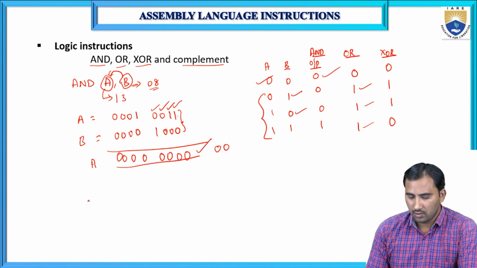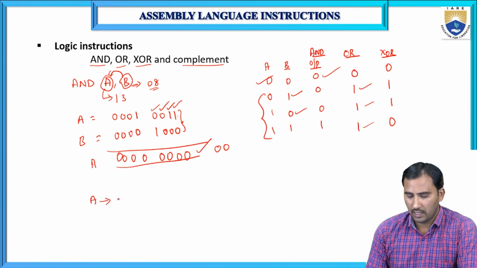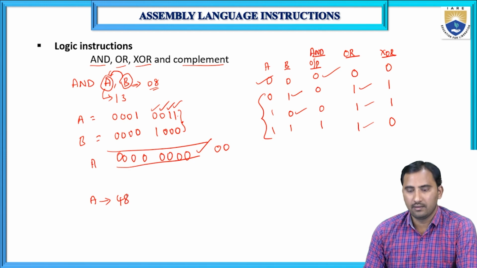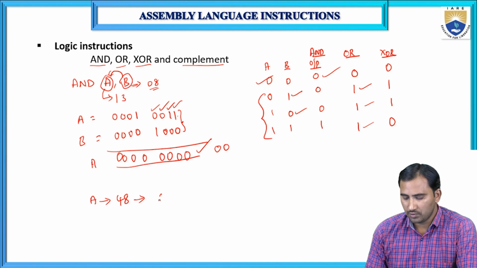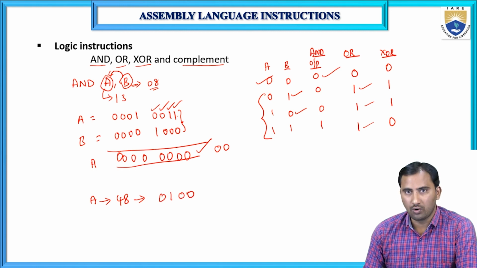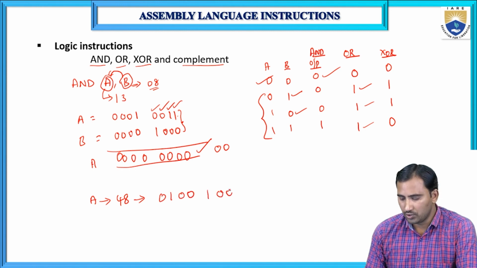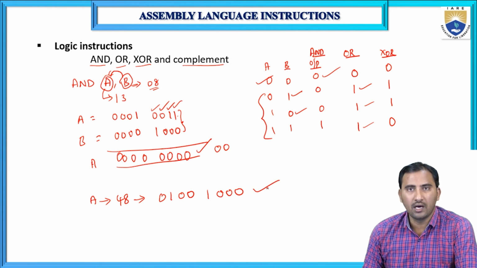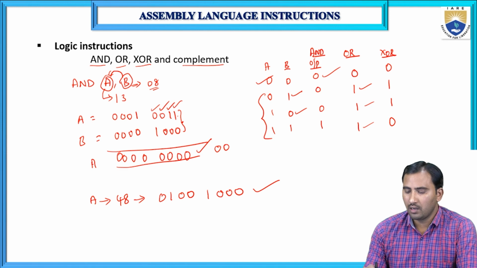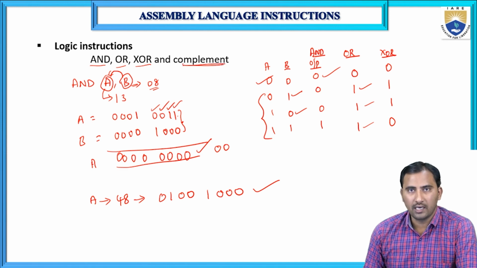Suppose you have a register A holding some value, like 48. How can we write this 48 in BCD form? 0100 and 8 is 1000. This is the data present in register A. Once we perform a complement operation, the contents will be replaced with the complemented form.